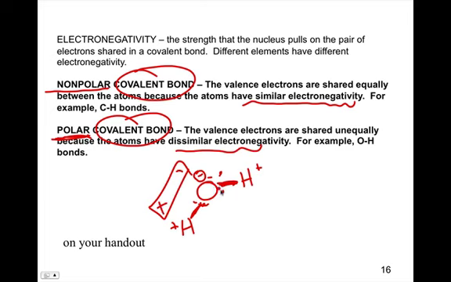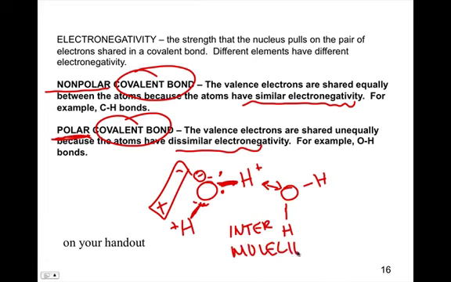As a result, we're going to learn in a second, this is what's special about water in Chapter 3, is that in a cup of water, the water molecules are attracted to each other. That's intermolecular. And that's one thing that makes water very, very special.